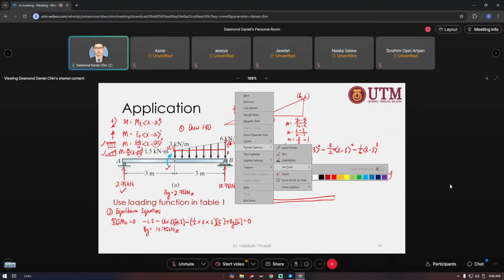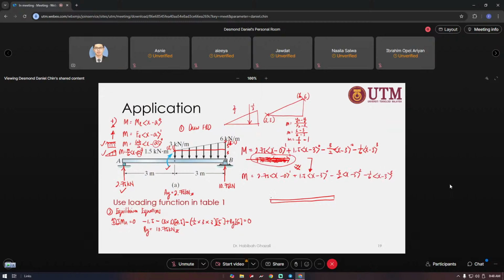Let's say I have a loading like this. This is the length of the beam. This is 2 meter. This is 3 meter, let's say. And the height of the rectangle, let's say this is 3 kilonewton per meter, right?